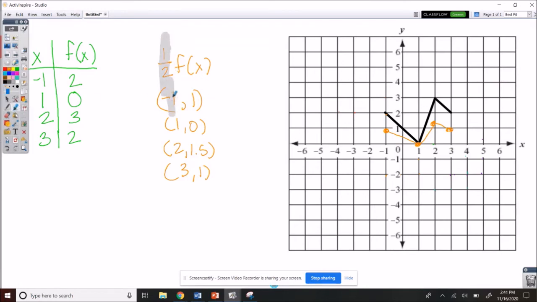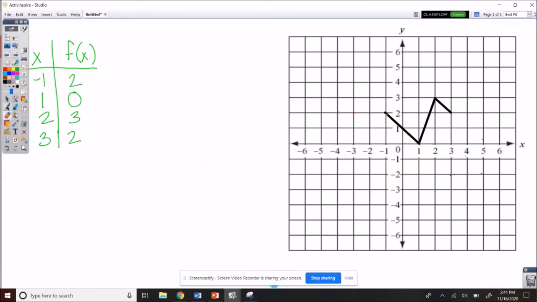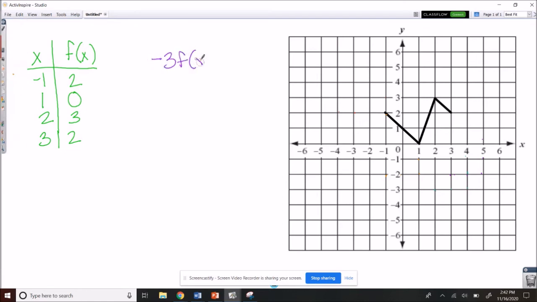So I wanted to put a couple of these together so you can see what it looks like when we have multiple transformations together. So let's say that I have a vertical stretch and a reflection.